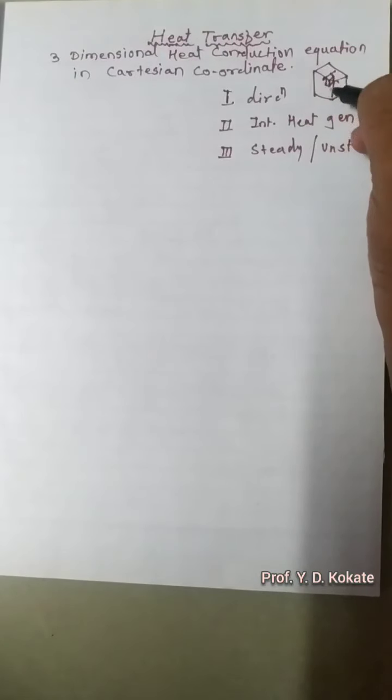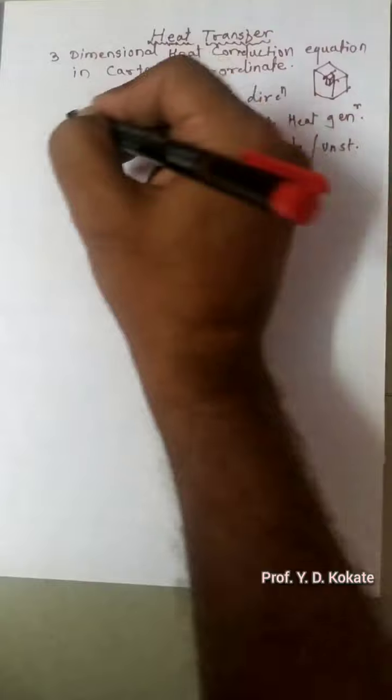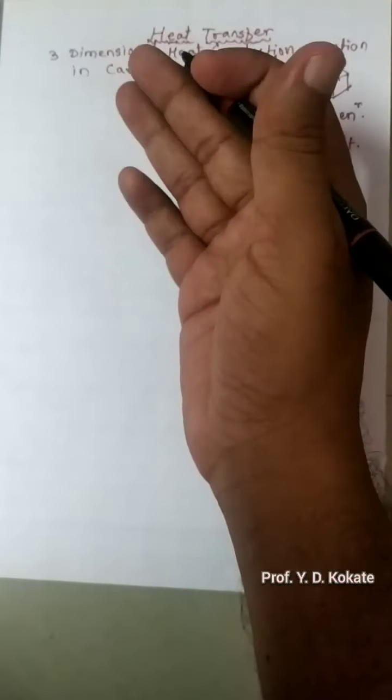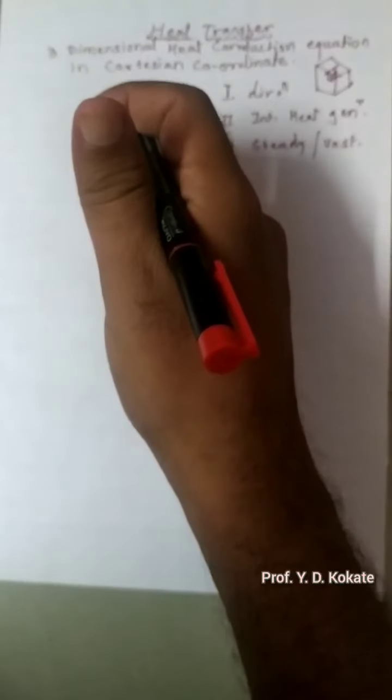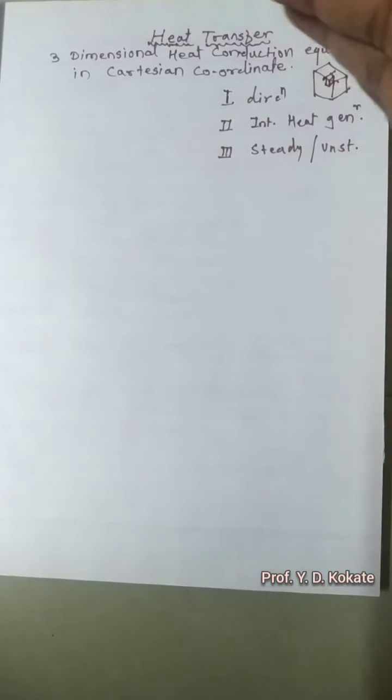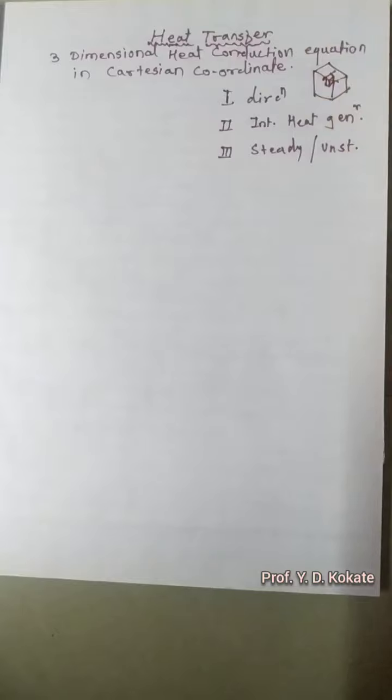So right now I am drawing this small unit in a magnified picture, and we find the heat transfer for that unit, and once we multiply it, we will get the whole heat transfer for this slab.